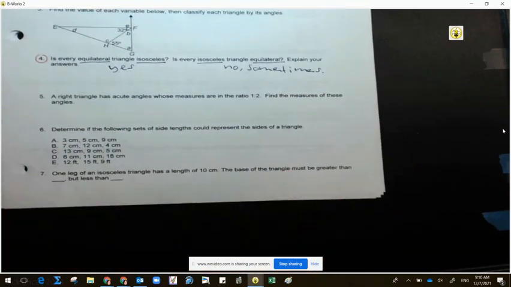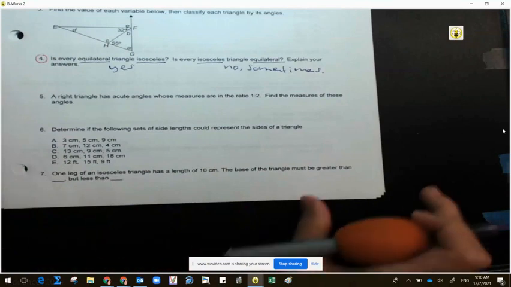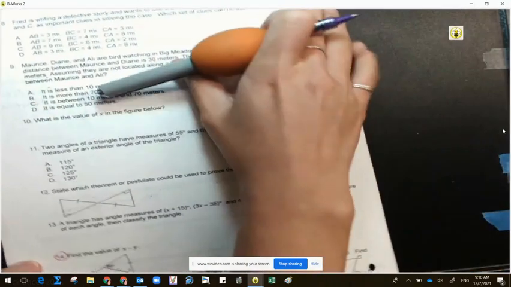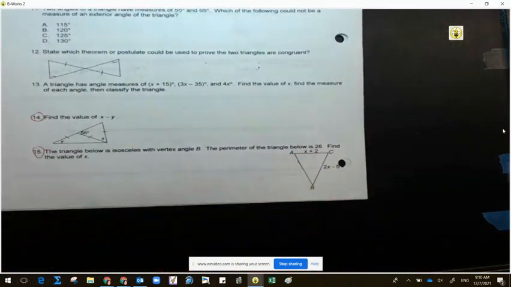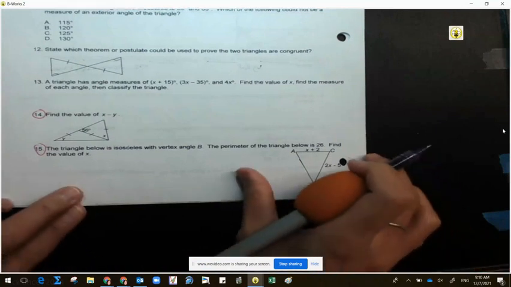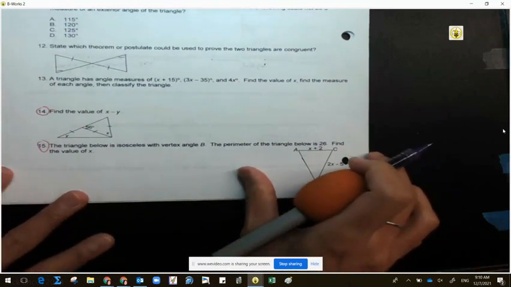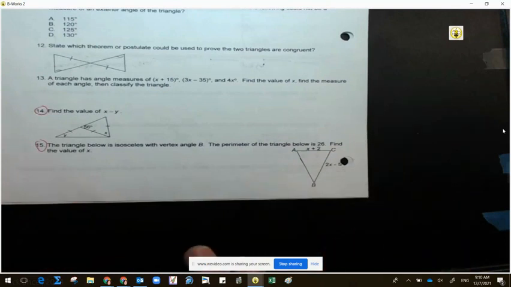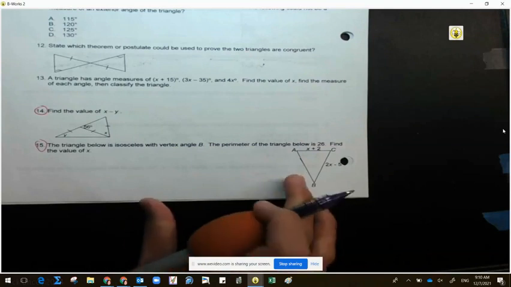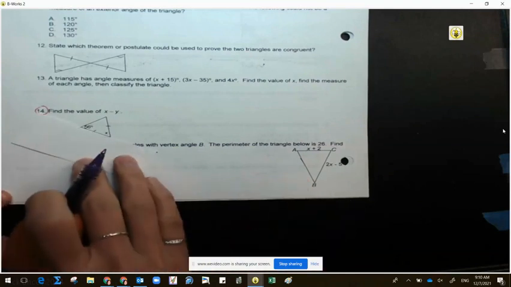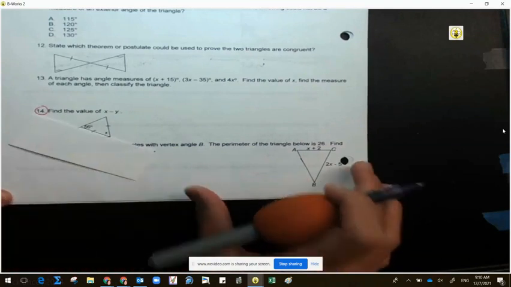Let's go on to number 14. Macy, let's read number 14. Okay. Find the value of x minus y. Okay? So then, let's see if we can figure out some parts without looking at the variable first. And I'm going to get a little tiny card out. The first thing I would do is maybe hide the triangle on the left.